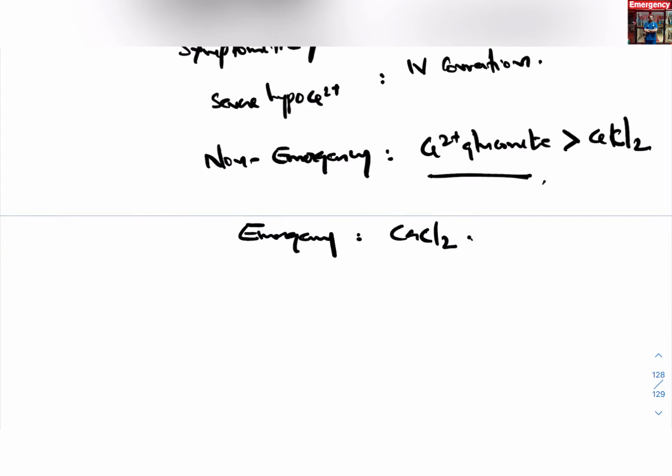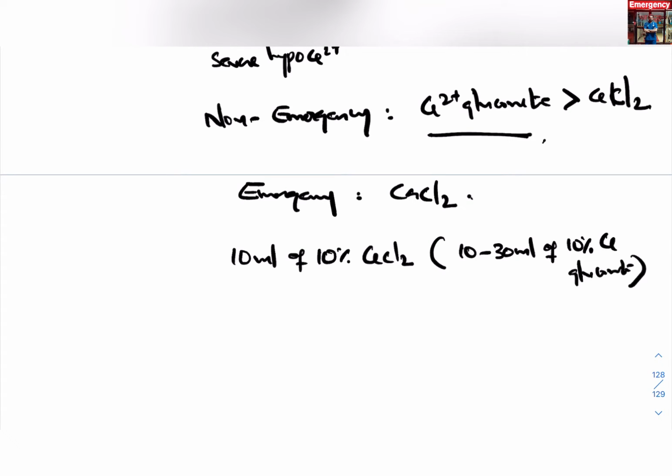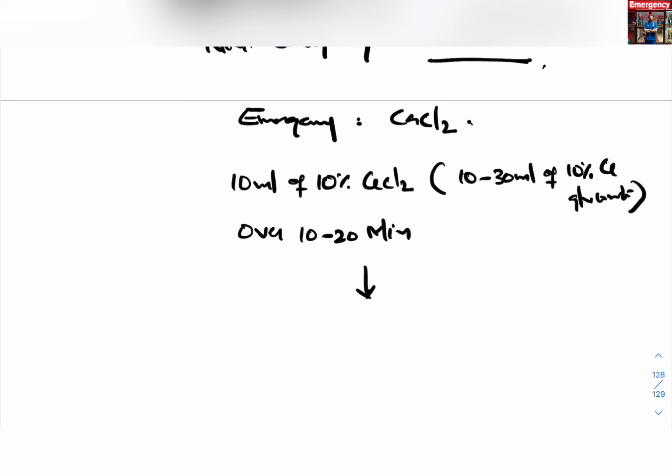The dosage for IV correction is 10 ml of 10 percent calcium chloride, or you can give 10 to 30 ml of 10 percent calcium gluconate, over 10 to 20 minutes, and you can repeat it every 60 minutes if the patient is not getting better.